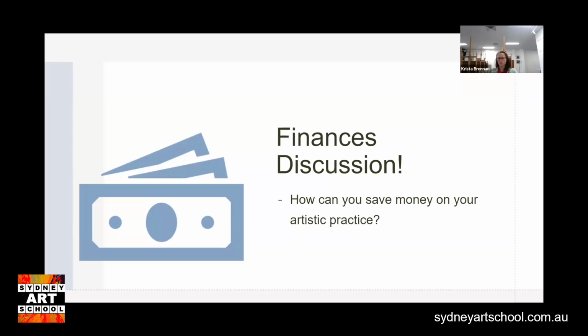So if you have an ABN, which I would highly recommend all of you do if you want to start selling your work, and this includes any kind of business practice, you should definitely have an ABN, Australian business number, and you should be setting up that ABN as a sole trader, because that's what you will be as an artist.